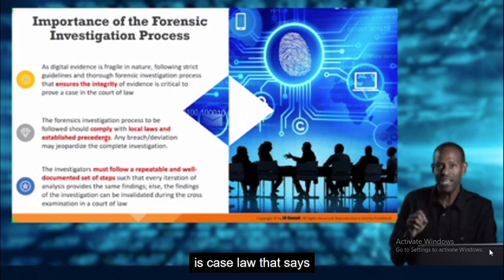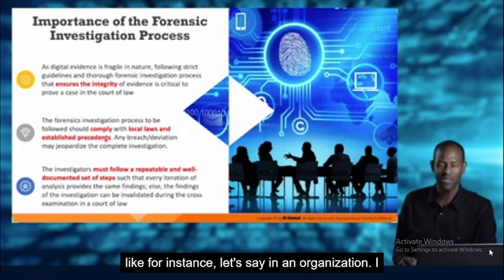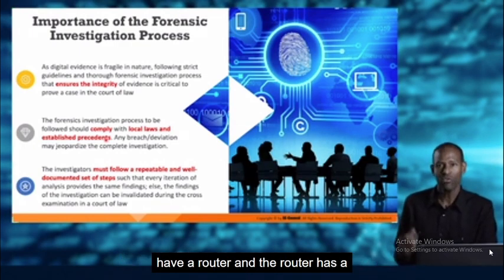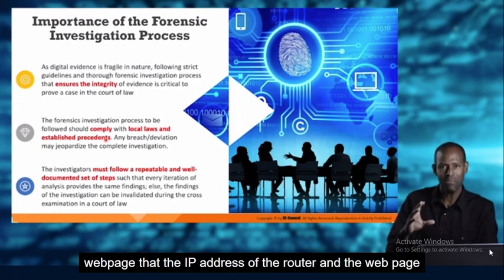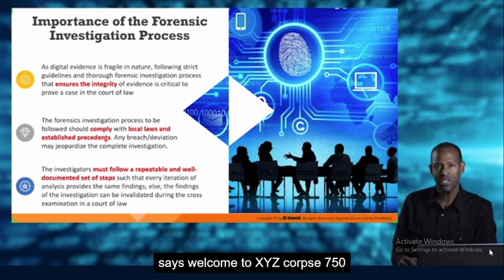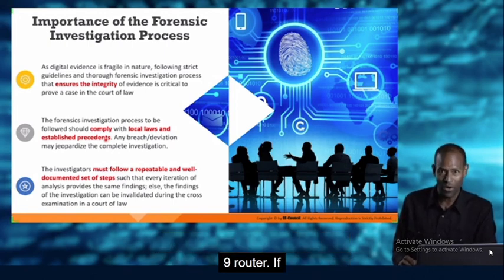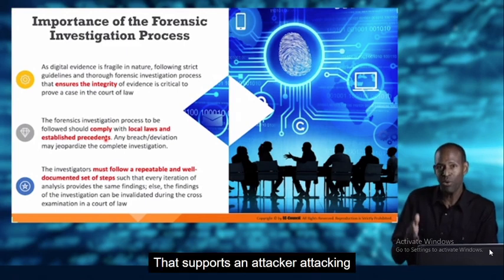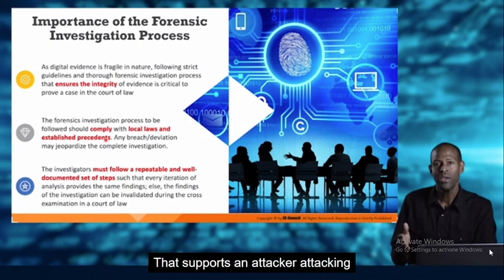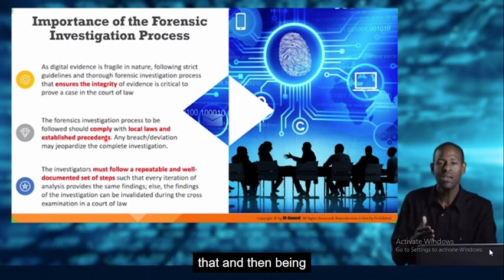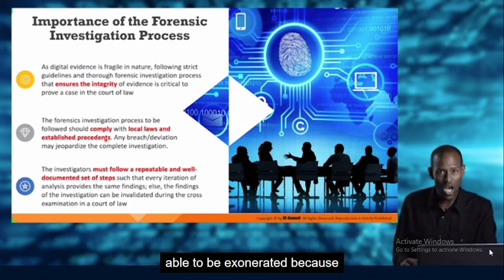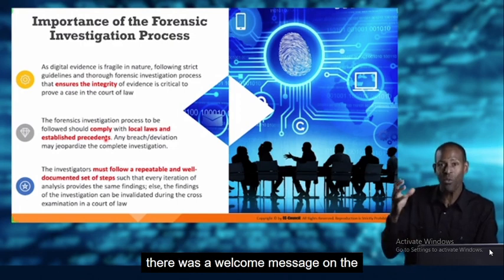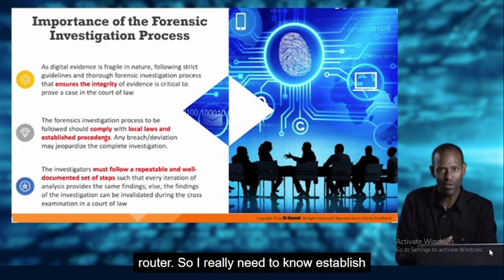However, there is case law that says, for instance, let's say in an organization, I have a router, and the router has a web page at the IP address of the router. And the web page says, welcome to XYZ Corp's 7509 router. If it says welcome, there is case law that supports an attacker attacking that and then being exonerated because there was a welcome message on the router.